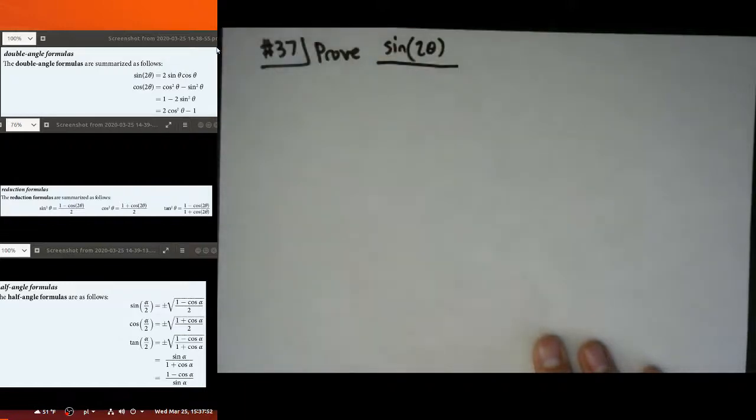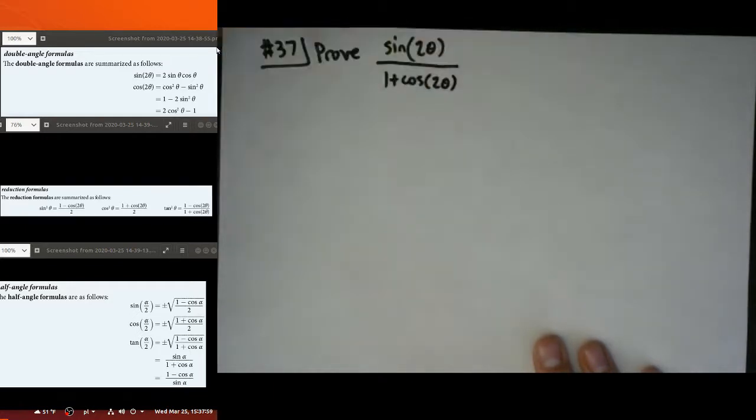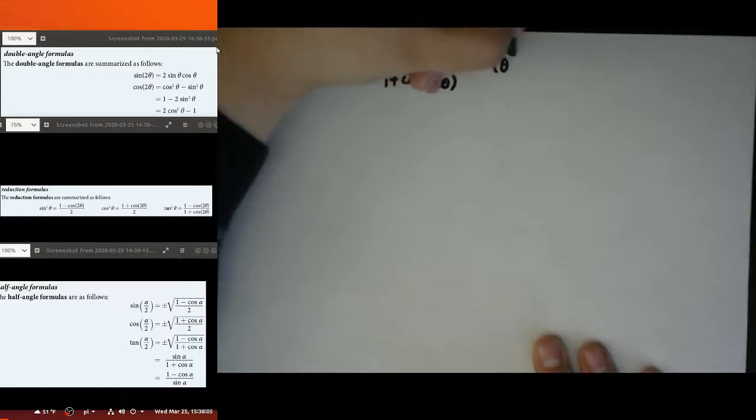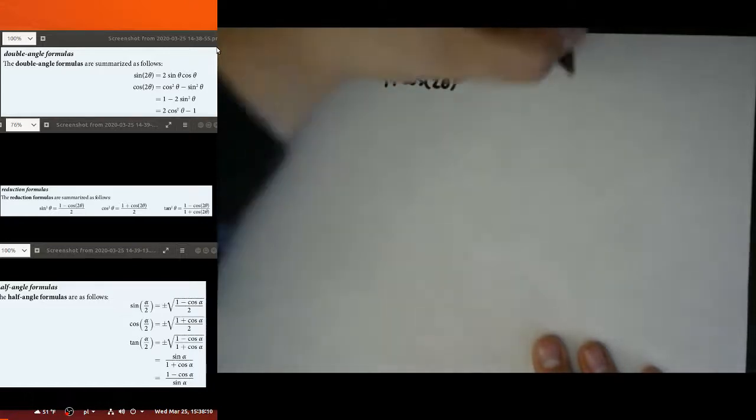So prove, and this one's much more complicated looking: sine of 2 theta over 1 plus cosine of 2 theta, times tangent squared theta, is equal to tangent theta.